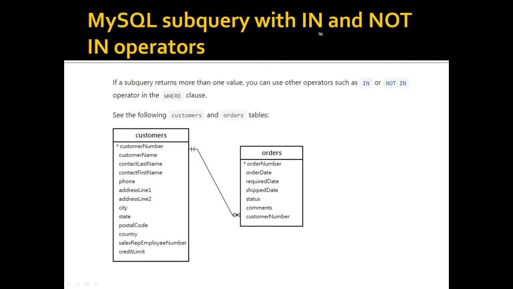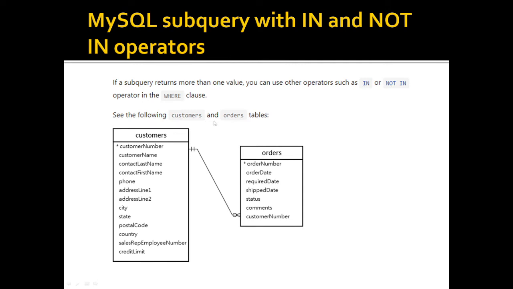Aside from this, we also have greater than any, greater than all, less than any, less than all, or equal to any, which is the same as in. I'll be explaining more of that maybe in my next video or in our other lectures. So if a subquery returns more than one value, you can use operators such as in or not in in the where clause.